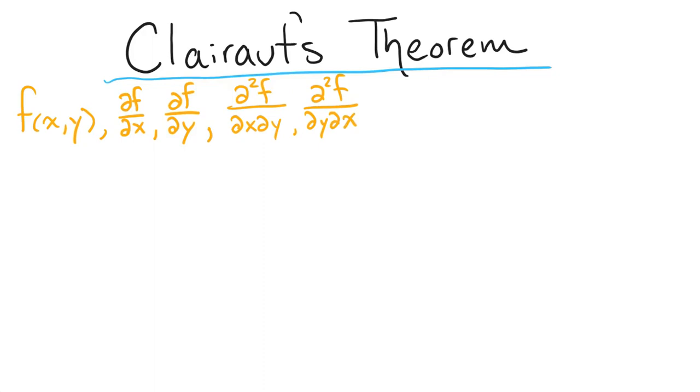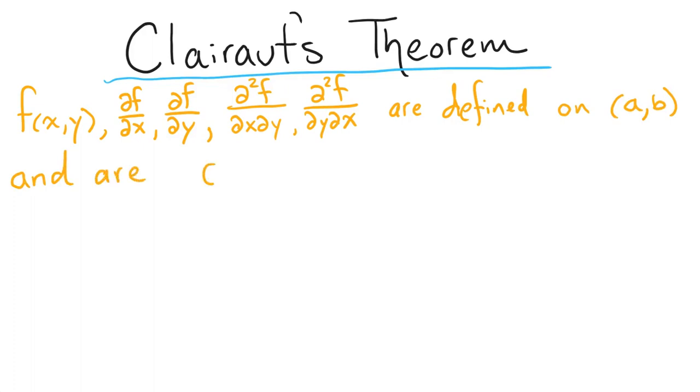If these five functions are defined, so if they are defined on an open interval a to b, and are continuous at a comma b, then what is the result?